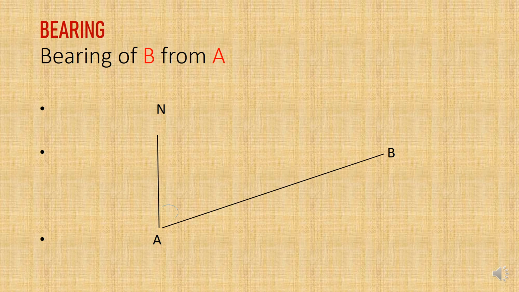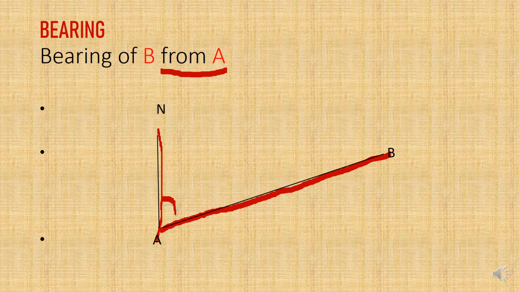Right, so for instance, we have bearing of B from A as illustrated on the diagram. B from A, so we use the word from to determine where the observer is standing. So the word from is suggesting that the observer is standing at A. So what we do is we join the places in question, the point A and B, with a straight line like this, and where it is stated that from, we draw our north line here, and then we measure this angle.